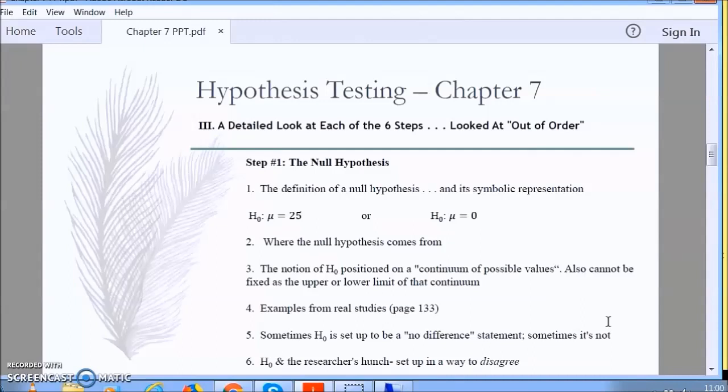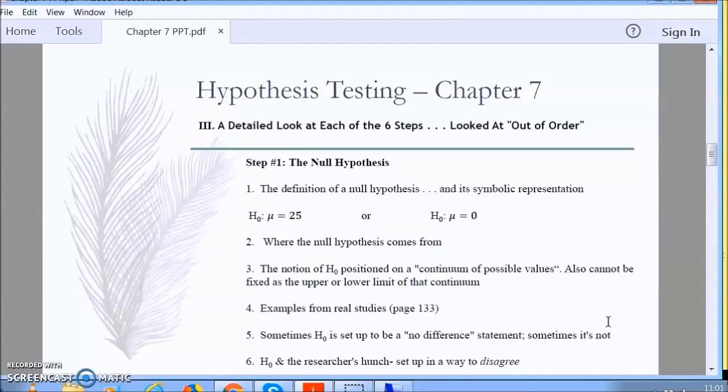So you're setting it up as a no difference statement, and then you are hoping to disagree with this statement. H naught is like the researcher's hunch. The researcher knows that there should be a difference, so you set up H naught as a no difference statement to disagree with it.